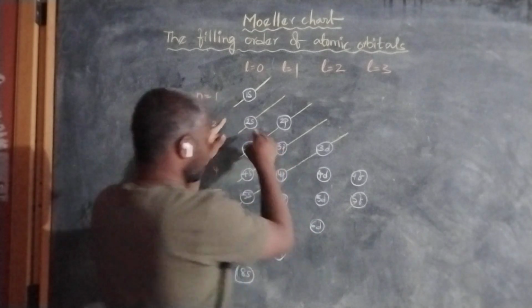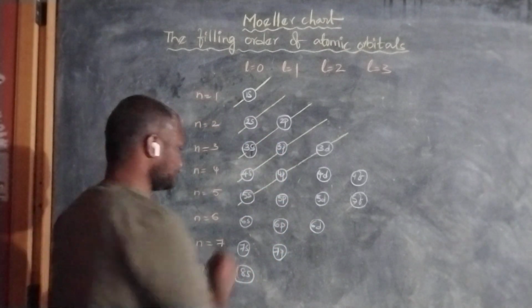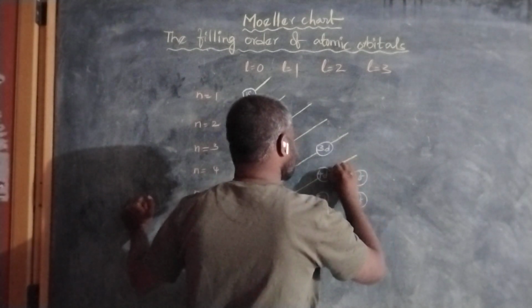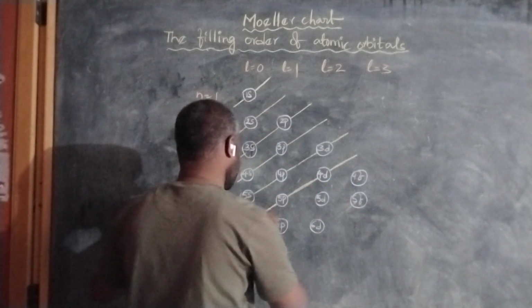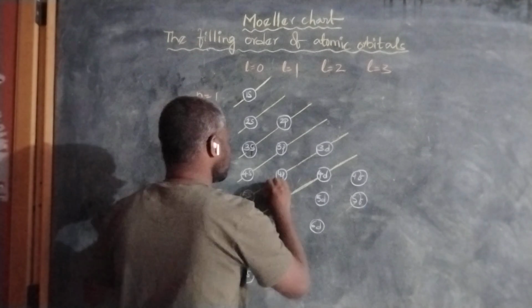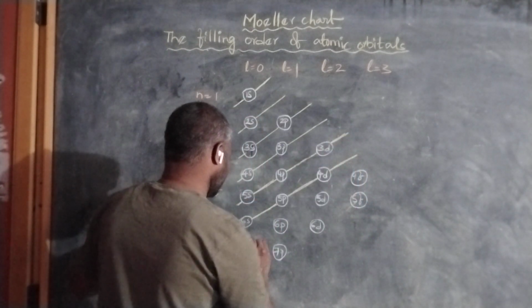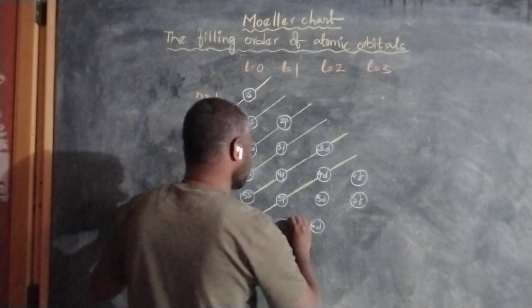First draw the parallel lines like this, so that our task becomes easy and we can present the arrows without confusion. So, parallel lines between these orbitals.